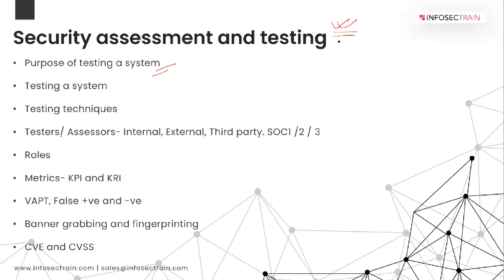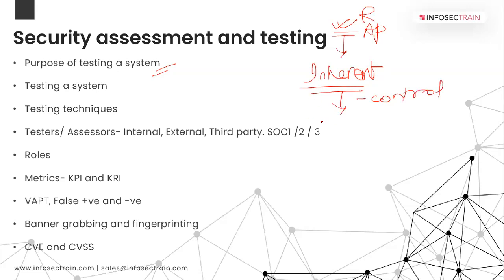Based on the risk appetite of the organization, we try to assess what the inherent risks are. Whatever you do, there'll be some inherent risk, and there'll be your risk appetite. You put controls to reduce the risk within the appetite. So the organization's risk appetite drives your risk treatment efforts.